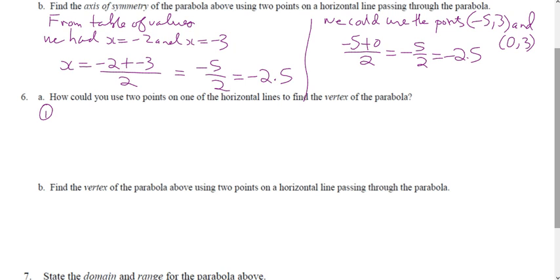They have the same y coordinates. So I'm going to average them together, which will give me the equation of the axis of symmetry, but that gives me the x coordinate. So the x coordinate of the vertex is on the axis of symmetry.